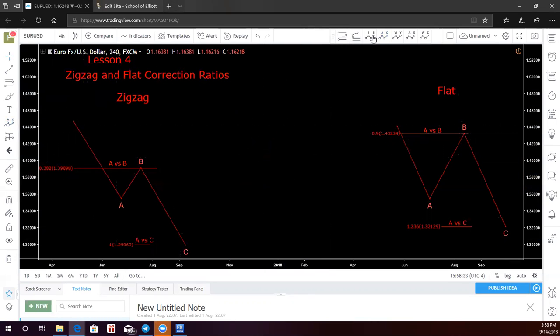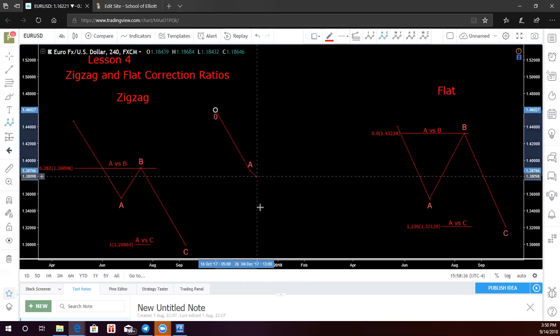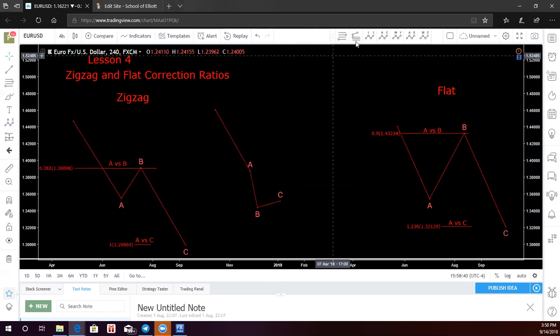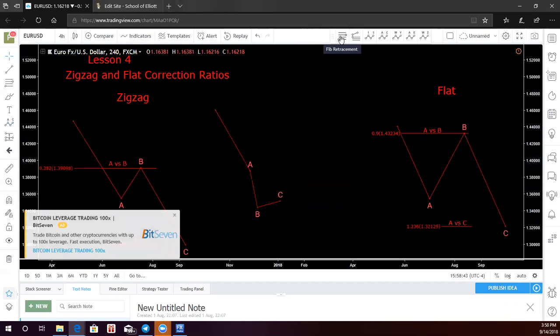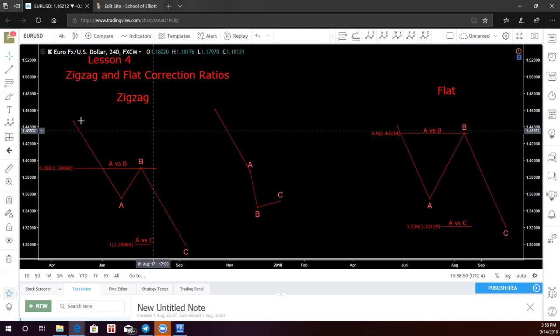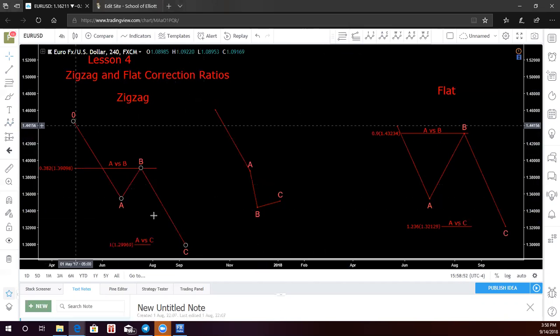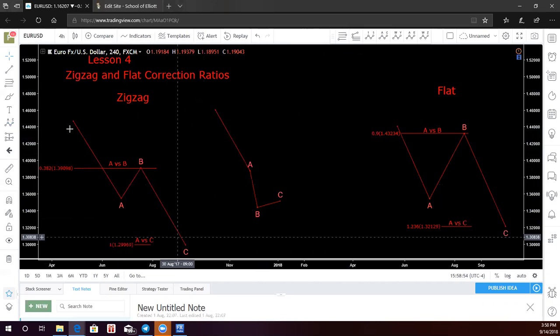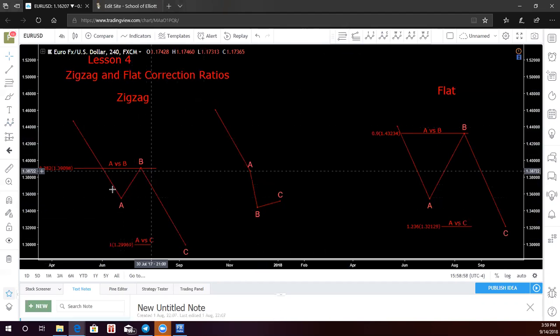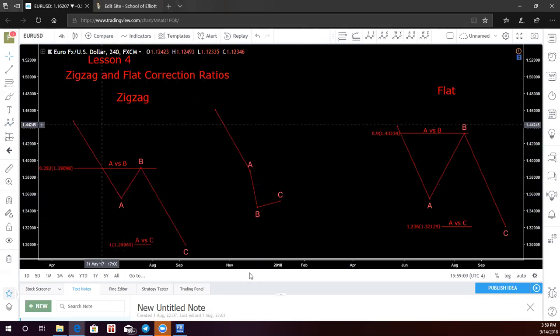We can go ahead and predict where B is going to end up. How do you do that? Well, remember from lesson 1, on any corrective wave of a main trend, so in this case on a zigzag, since we're heading into a reversal of trends and a downtrend, B is going to be our corrective wave in this whole corrective structure.